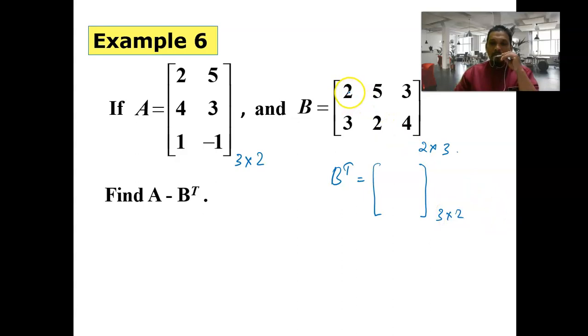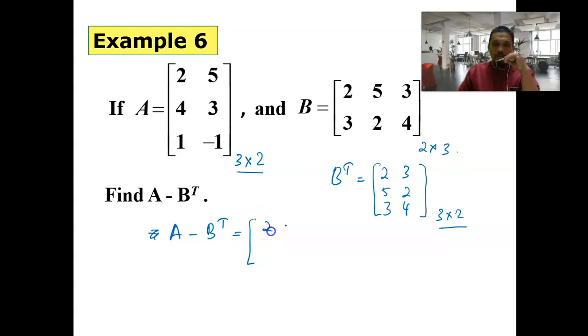So first row 2, 5, 3 will become first column 2, 5, 3, and the second row will become second column 3, 2, 4. Now we can make an operation between these two because the size is 3 times 2 and also 3 times 2 here. So A minus B transpose equals 2, 5, 4, 3, 1, negative 1, minus 2, 3, 5, 2, 3, 4.